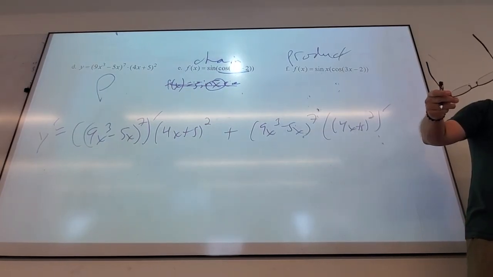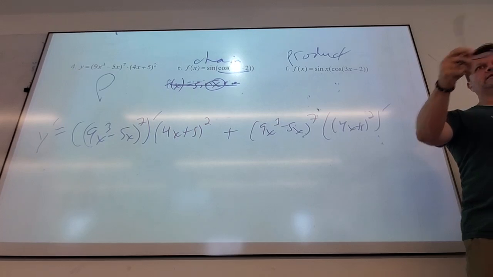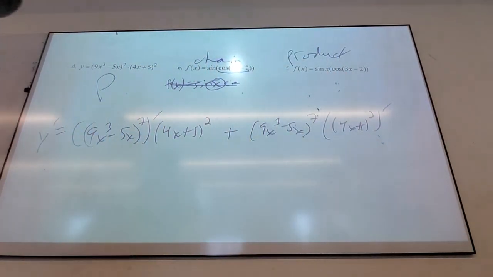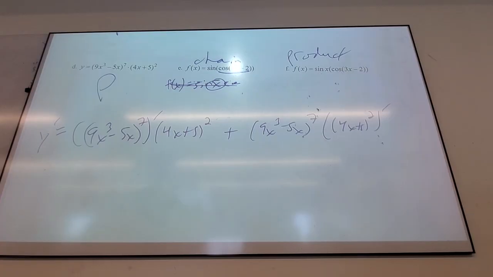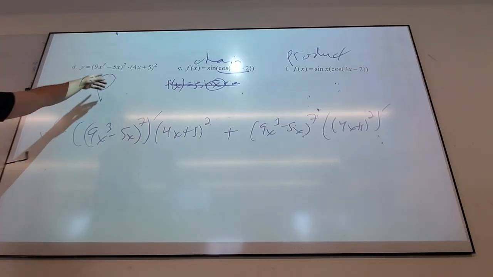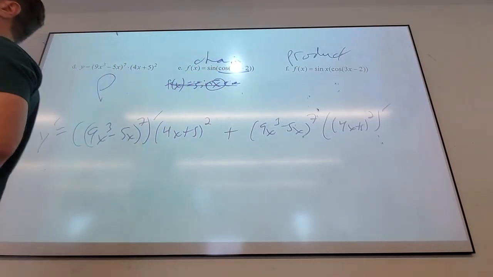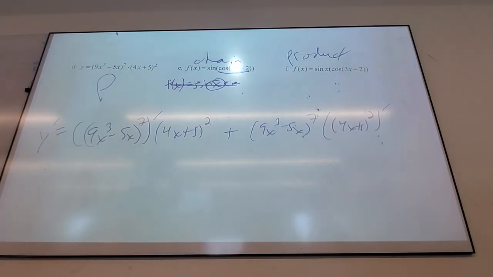Because I heard a lot of you kind of saying something similar about when is a product, when is a chain. It could have both, but the first thing you think about is just what is immediate. Is it made of the product of two functions? Well, then product. Is it primarily something shoved into another one? Well, then chain. There could be product later, there could be chain later. All you care about is what's first.